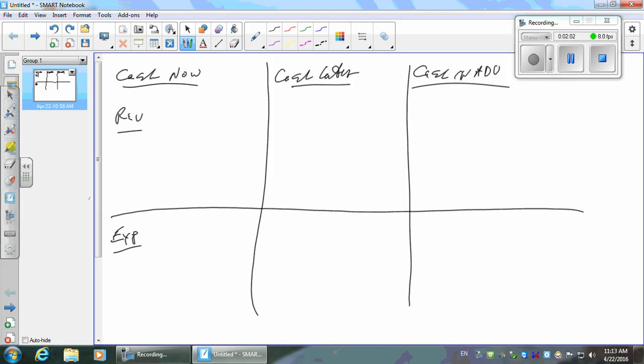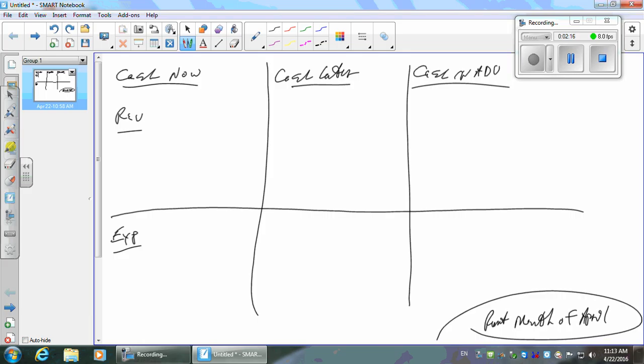So let's say it's rent for the month of April. In one case, you paid it in April, right? April 30th, probably. In another case, you're going to pay it sometime in May. Right, the second one.